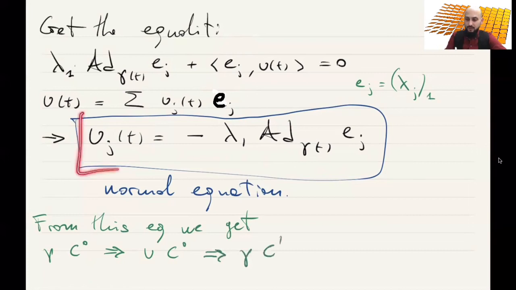But from the normal equation, this means that u is C1. This is called a bootstrap argument.